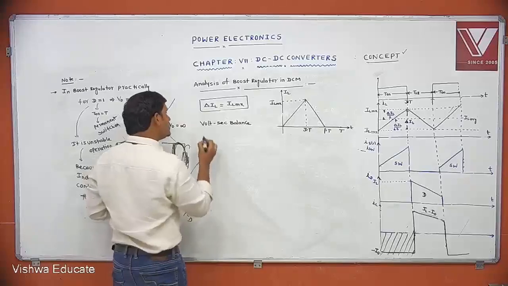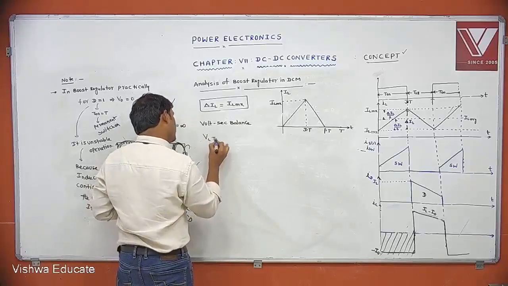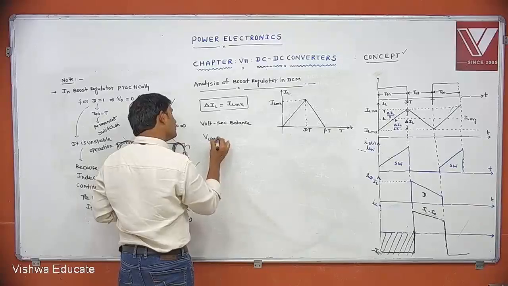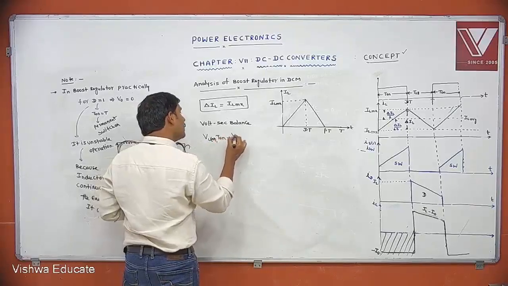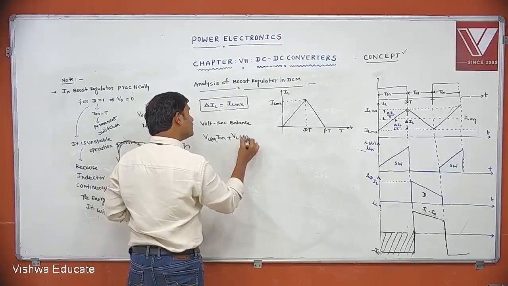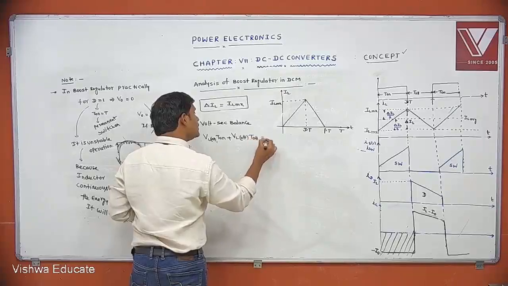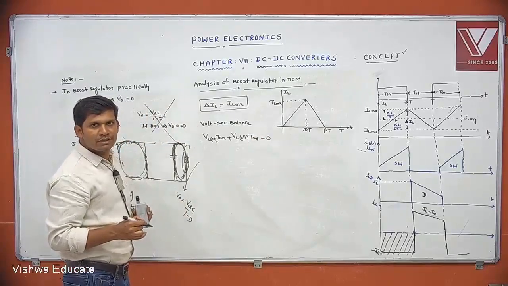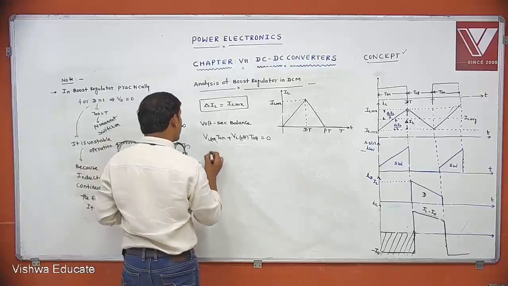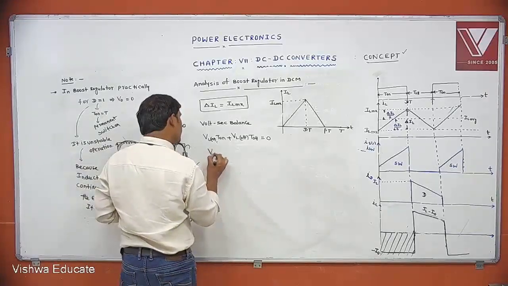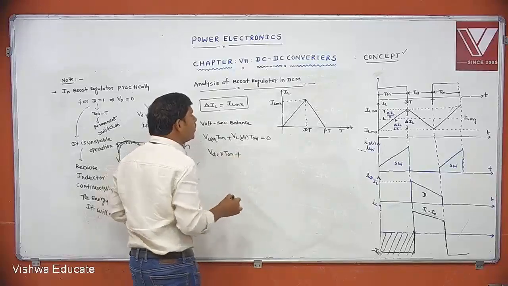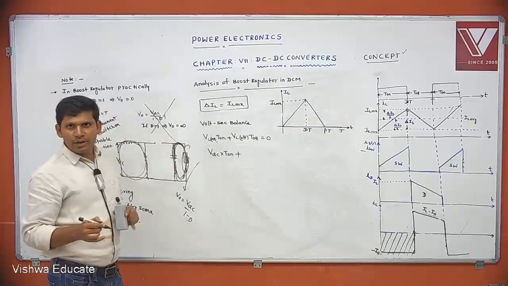Then according to volt second balance, VL on into T on plus VL off into T off is equal to 0. What is VL on? Voltage across the inductor during on state. In the case of boost regulator, it is VDC into T on plus, what is the voltage across the inductor during off state?